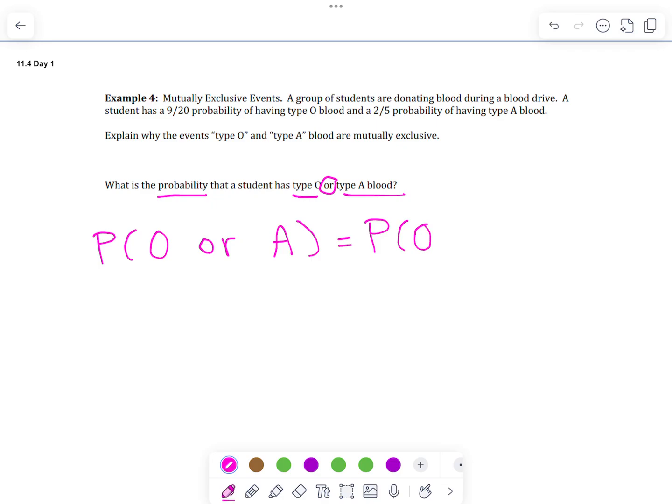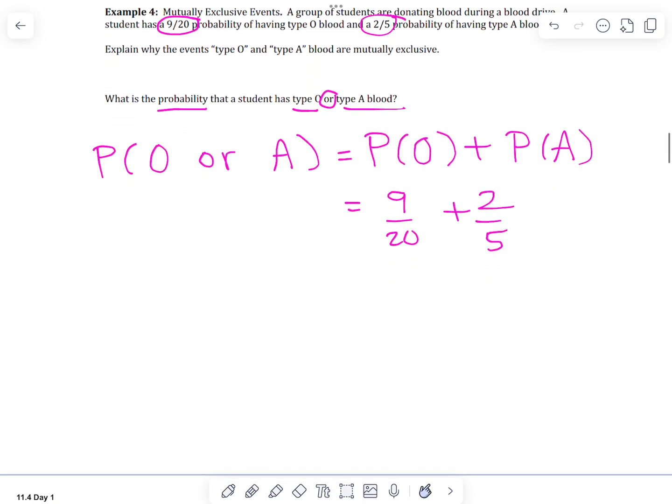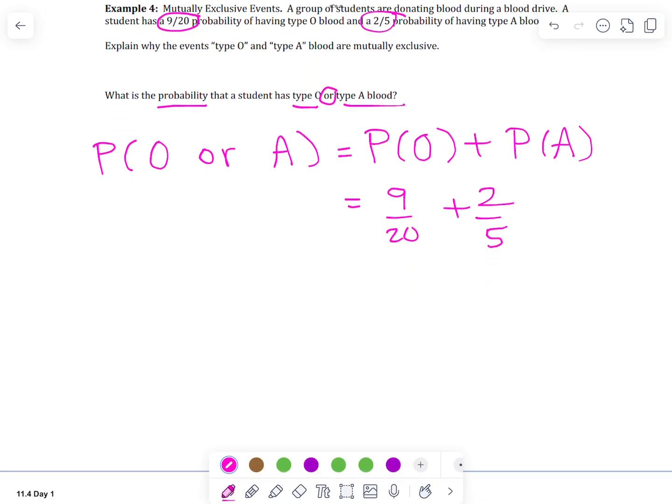So we have the probability of O plus the probability of A. So we add up 9/20 plus 2/5. Now what I'm going to do is I'm going to change that second fraction to have the same denominator.